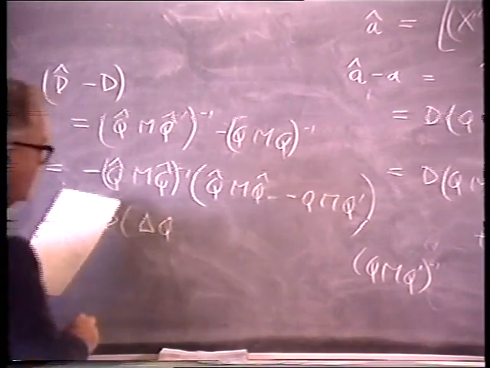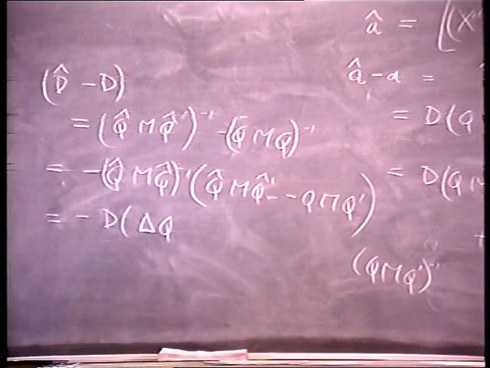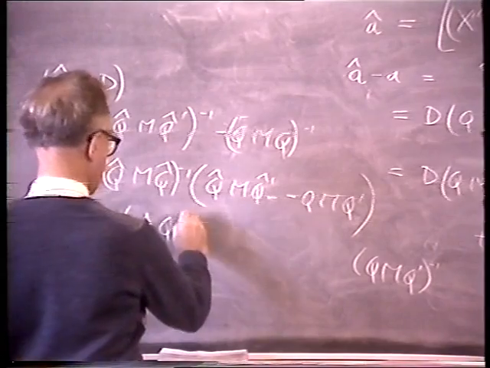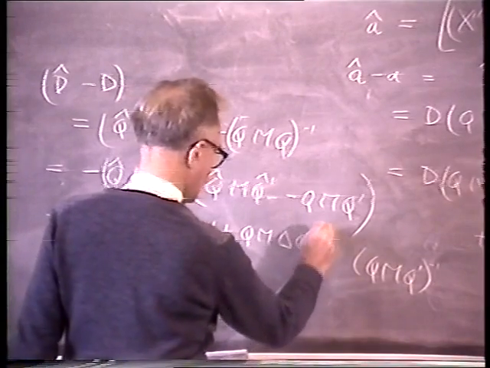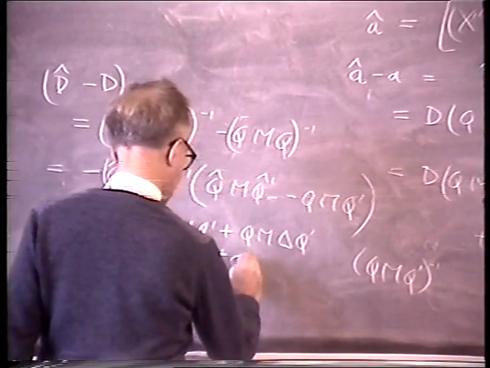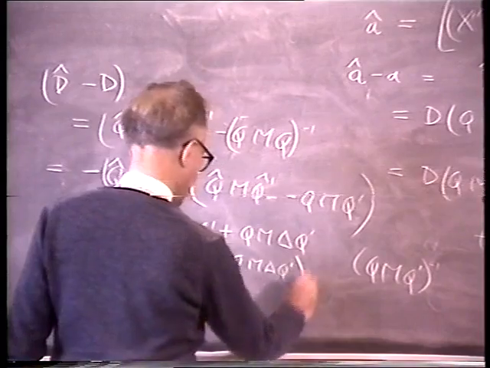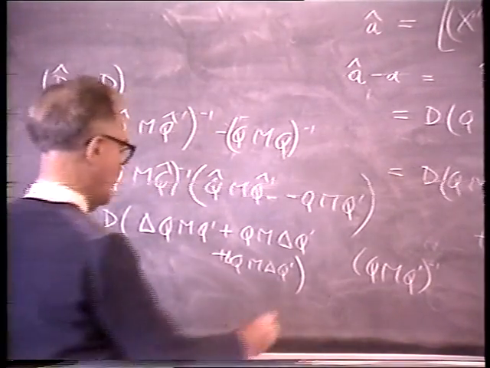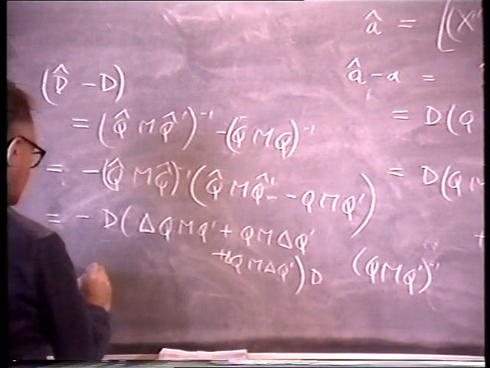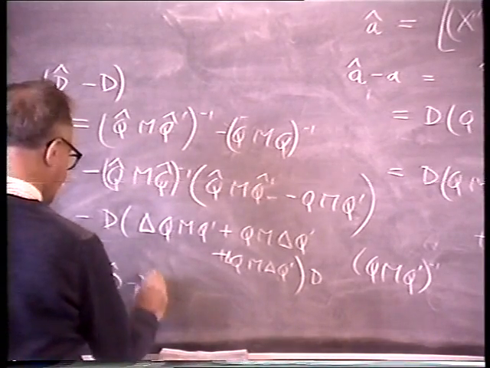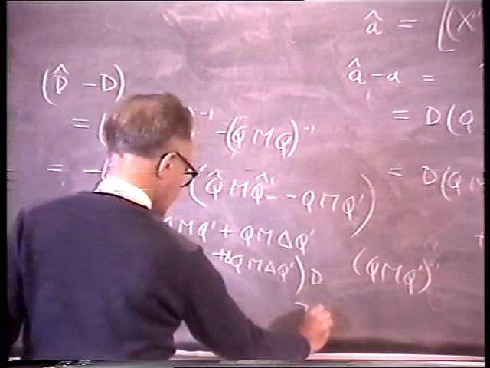Well, you see now we introduce q hat equals q plus delta q in here and get the obvious expression delta q delta q prime into d plus, so minus d hat minus d into the same thing, d.